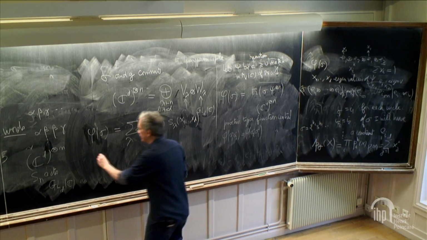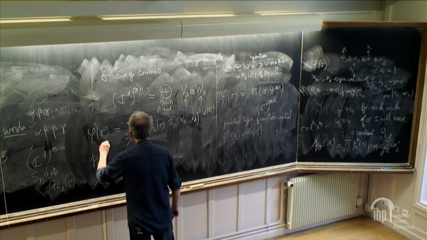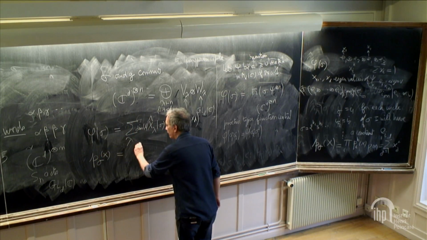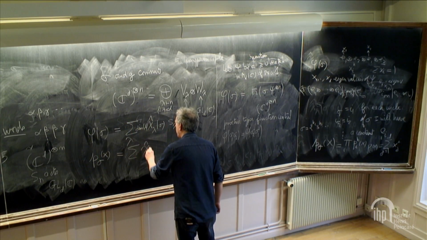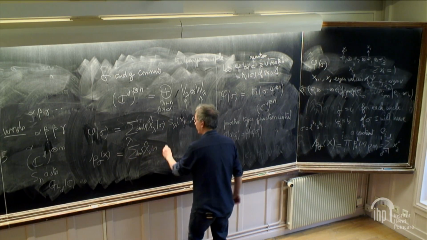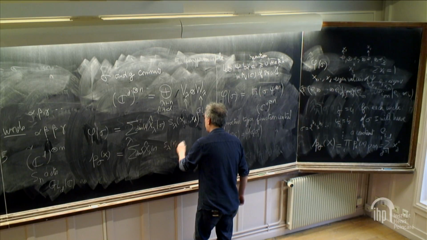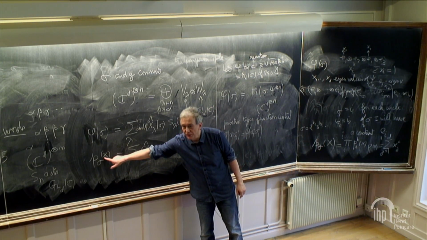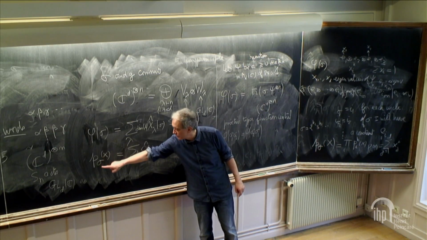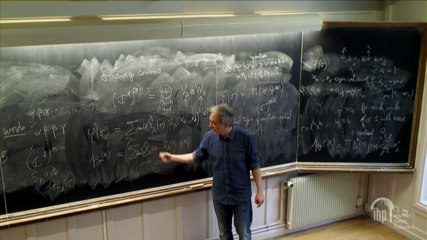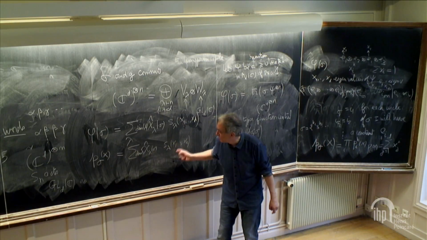Yes, but here it's a function of x. What I say is that the power sum function, you can think of this as a function of x or a function of sigma. As a function of x, this is the expansion into Schur functions. As a function of sigma, it is the expansion into characters.